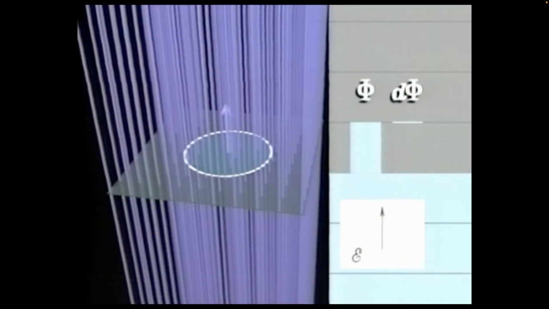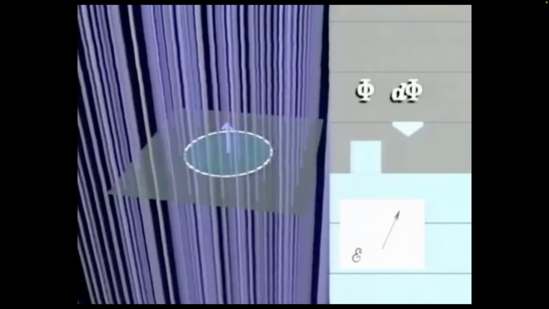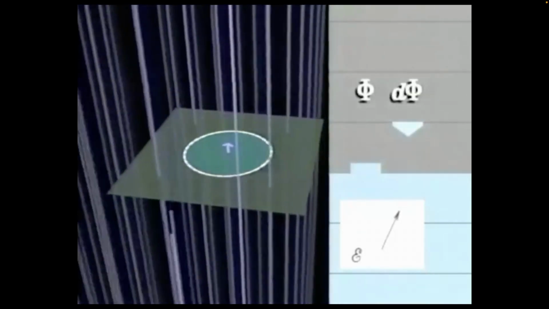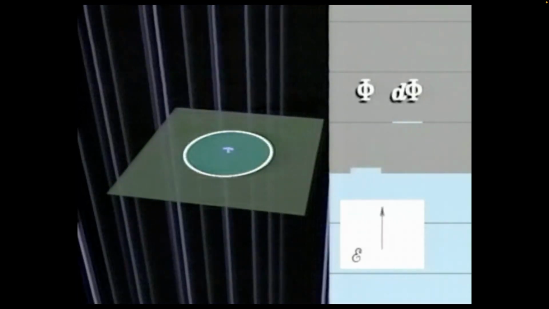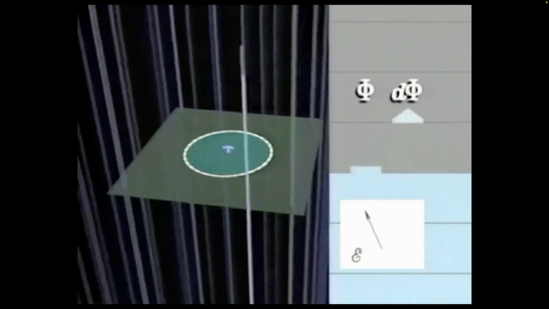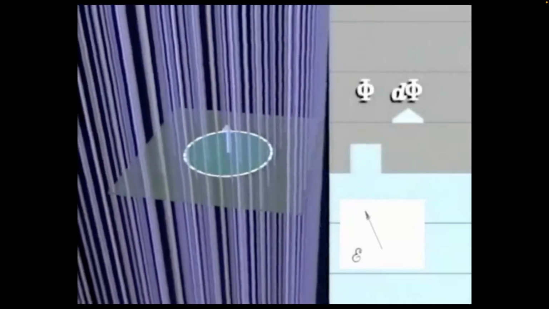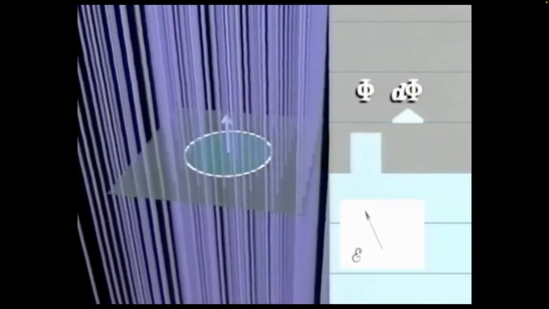Current flows through a coil of wire whenever the magnetic flux through it is changing. The current flows one way if the flux decreases, and the other way when the flux increases. But the current induced in the wire also creates a flux of its own, whose direction depends on the direction of the current.